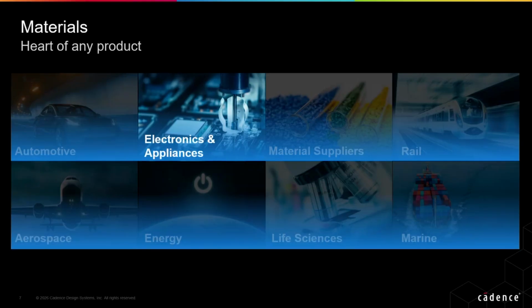Specifically, today, we are going to talk about electronics and appliances, but as I showed, this can be applicable or translatable to all the other industries that I just highlighted here.